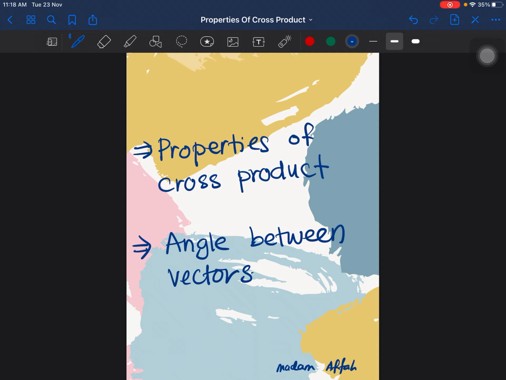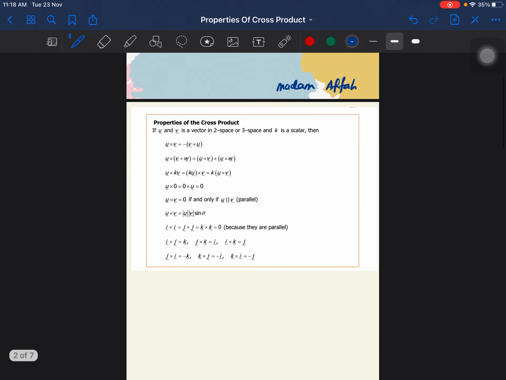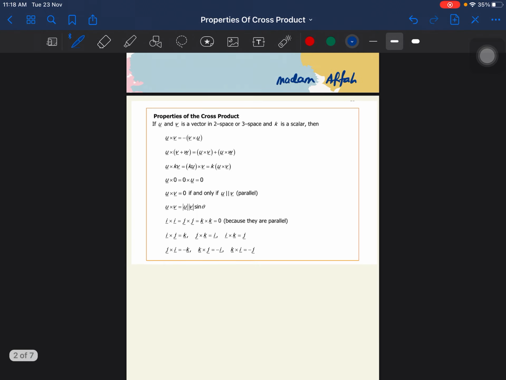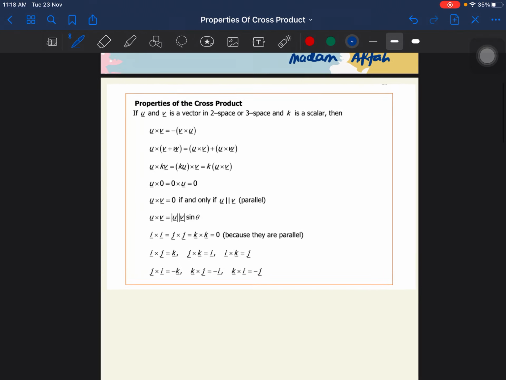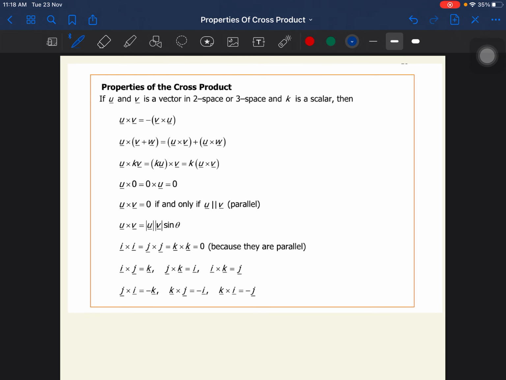So we are going to continue with the properties of cross product and how to find the angle between vectors by applying the cross product. So these are the properties of cross product. We are going to discuss these properties. U cross V is equal to 0 if and only if U and V are parallel to each other.